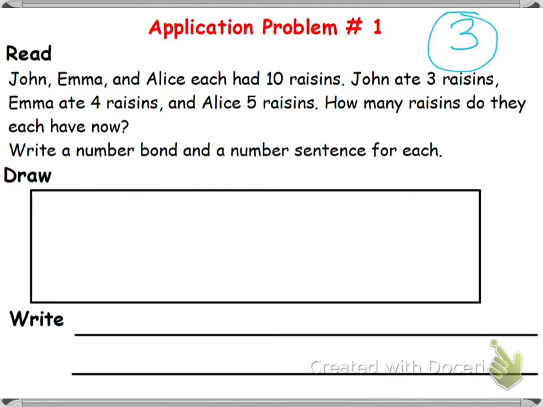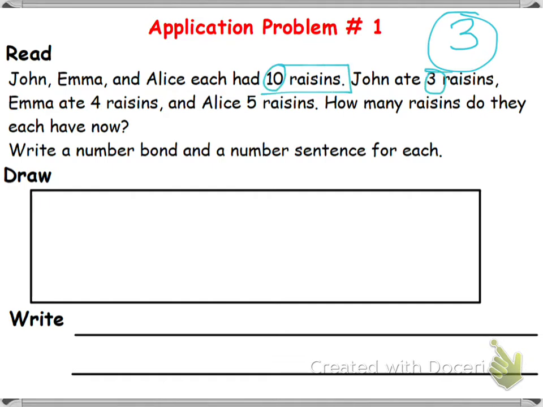I'm going to read it again. John, Emma, and Alice each had 10 raisins. John ate 3 raisins, Emma ate 4 raisins, and Alice 5 raisins. How many raisins do they each have now? Alright guys, let's read it again. Let's do cubes as we read it. John, Emma, and Alice each had 10 raisins.